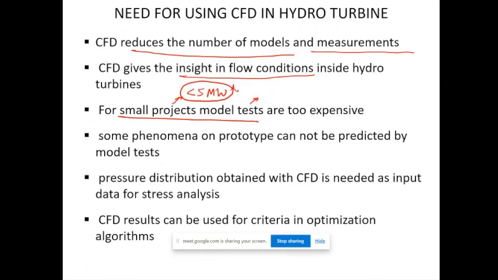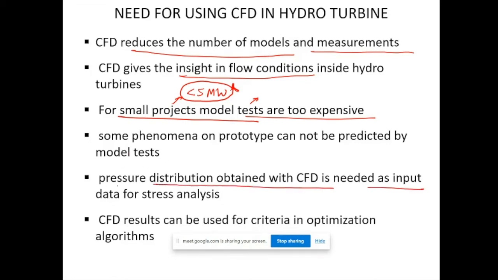So this is very good for hydraulic turbines whose capacity is less than 5 megawatt, where we cannot bear the model test cost, which is too expensive. Then the pressure distribution obtained with CFD is needed as the input data for the stress analysis.